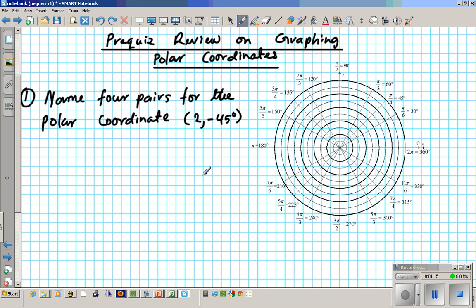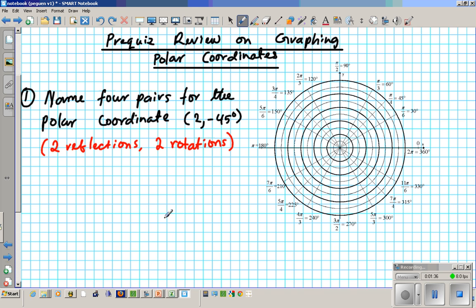Everybody write this down. Name four pairs for the polar coordinate (2, -45 degrees). I'd like you to do for me two reflections and two rotations.